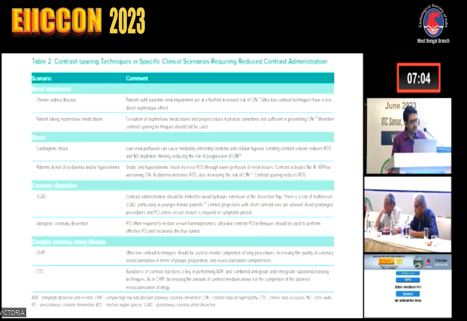So there are certain situations where ultra low contrast or zero contrast is beneficial, like CKD, patients taking nephrotoxic drugs, cardiogenic shock, patients at risk of acidemia or hypovolemia, and spontaneous coronary artery dissection. Here, the more dye you use, the more you increase the risk of dissection extension, so we need to reduce the volume of dye.